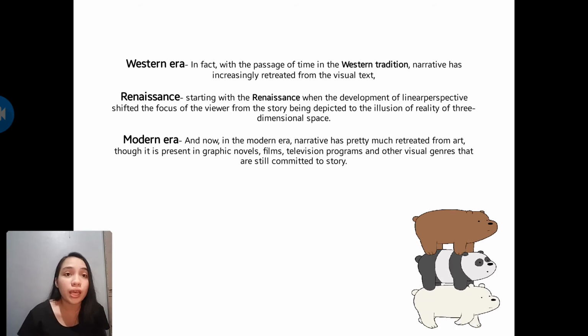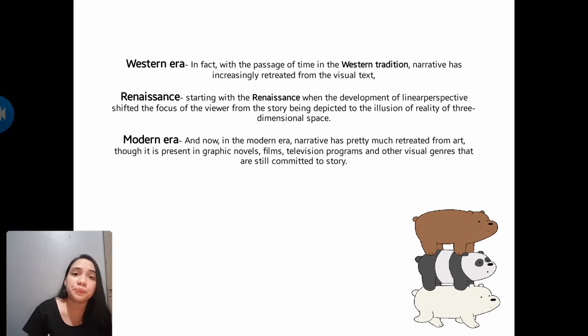So in the modern era, today, the 21st century, narrative has pretty much retreated from art, though it's present in graphic novels, films, television programs, and other visual genres that are still committed to story.